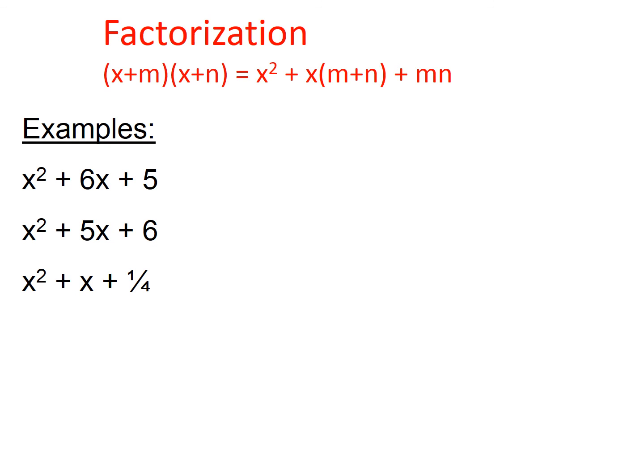It gets a little bit more complicated when you start to have negative numbers. So we'll just go through this example here. We want two numbers that you times together to get plus 6, and when you add them together, you get minus 5.